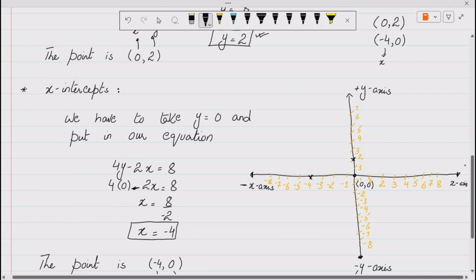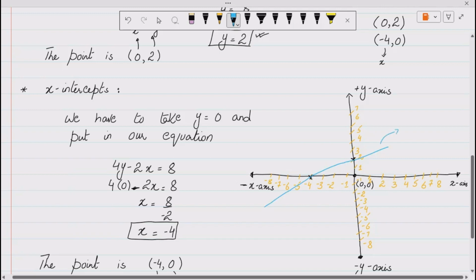Always remember that when you use the intercept method to draw a graph of a straight line, you always find 2 points, one on the y-axis and one on the x-axis. That's why they are called the x and y intercept points. Now, when you join them, you can see, you get a straight line.